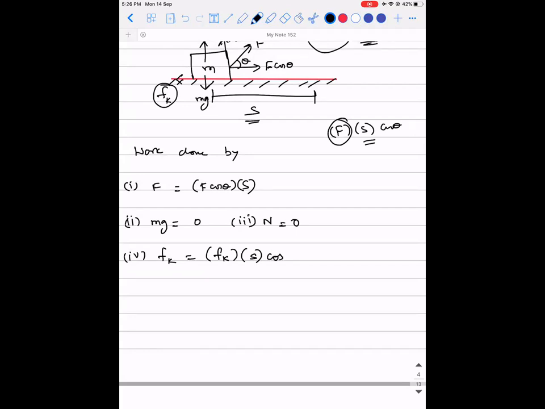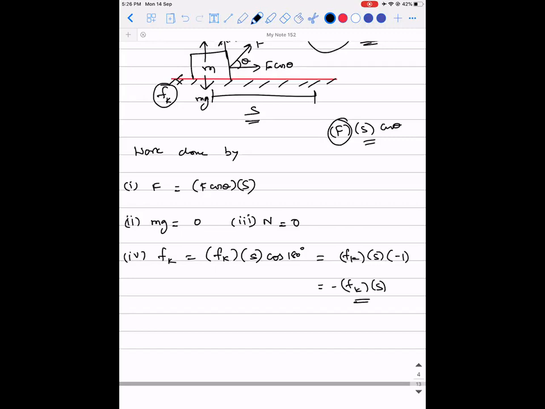No, it's 180 degrees because they both are in opposite direction. And moreover, frictional force is a resistive force. Resistive force will always do a negative work. So it is going to be Fk into S into cos 180, which is minus 1. So the answer will be minus Fk into S. Are you guys able to understand this?